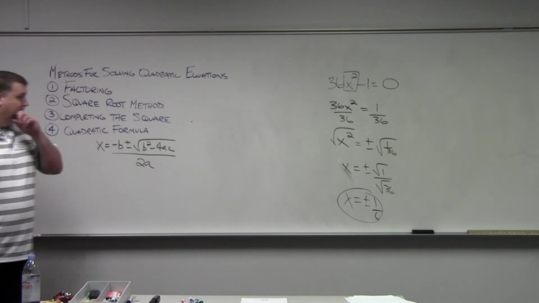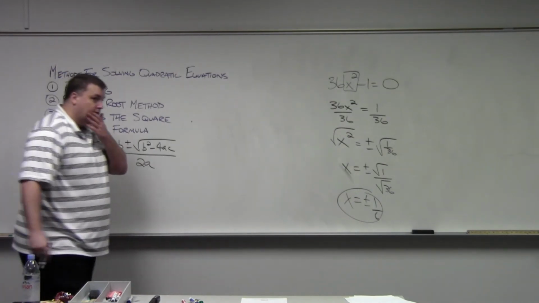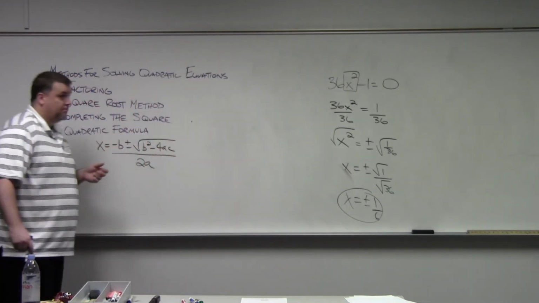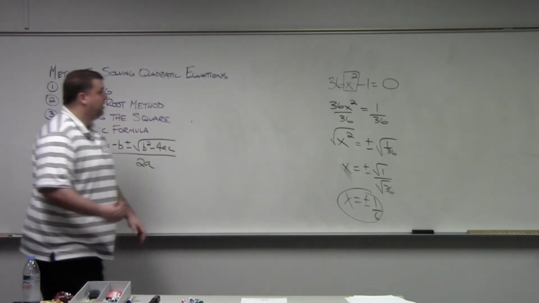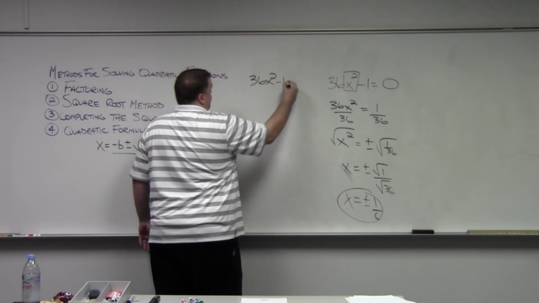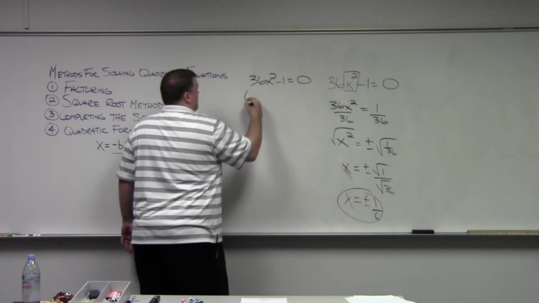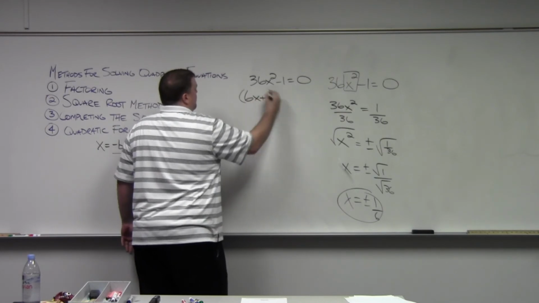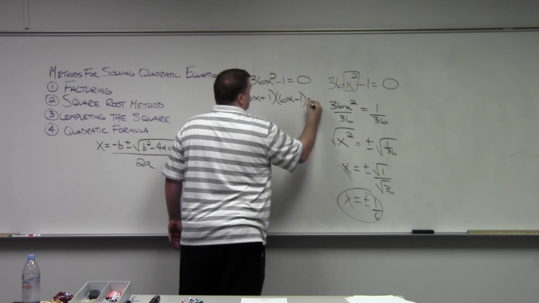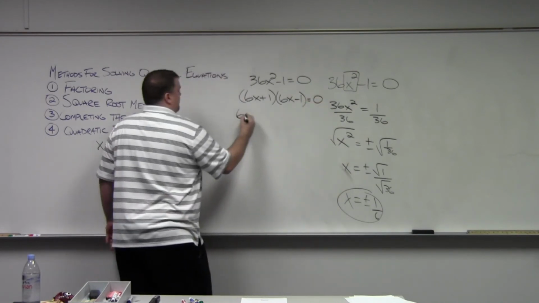Anybody have another idea on a quick way to solve that one as well? There's another way. If you're good with factoring, both of these methods are actually pretty quick. If you can recognize that it's a difference of 2 squares, you can factor it.